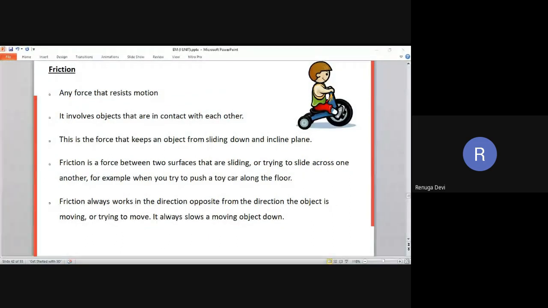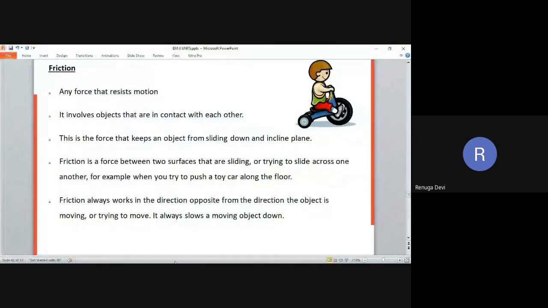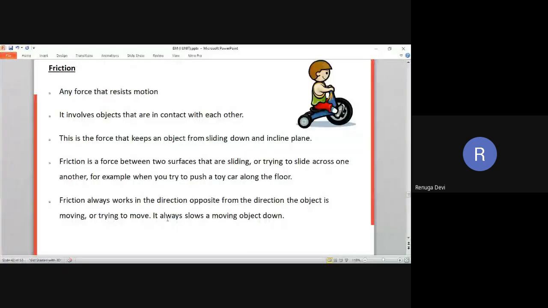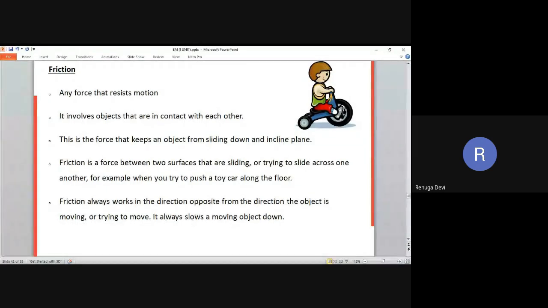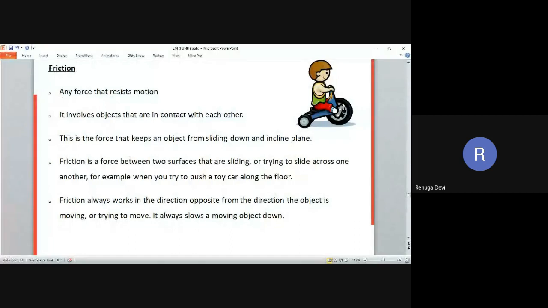This is the force that keeps an object from sliding down a plane. Friction gives positive as well as negative impact in so many places. Suppose you are taking footwear, the friction plays a very important role to give grip. If you are taking automobile parts, the friction has a negative impact. And if you are taking musical instruments, it gives a positive impact.